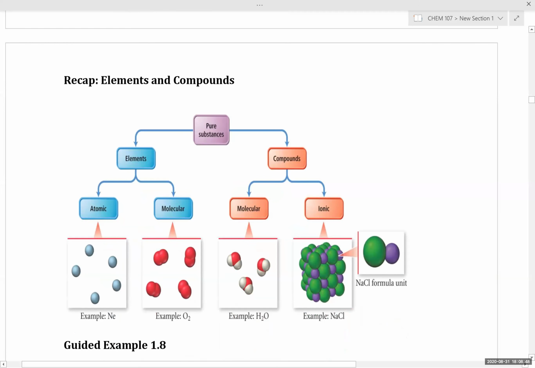So just as a recap, pure substances are a superclass. They describe any species with a fixed, definite composition of elements.